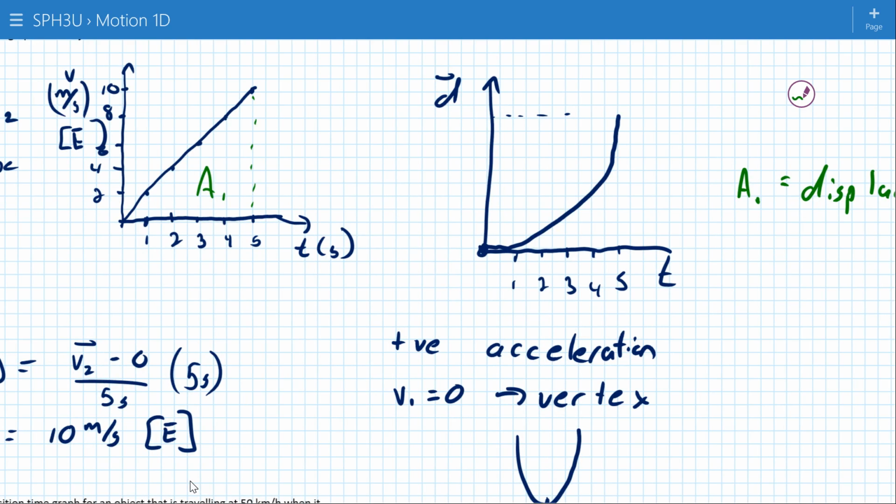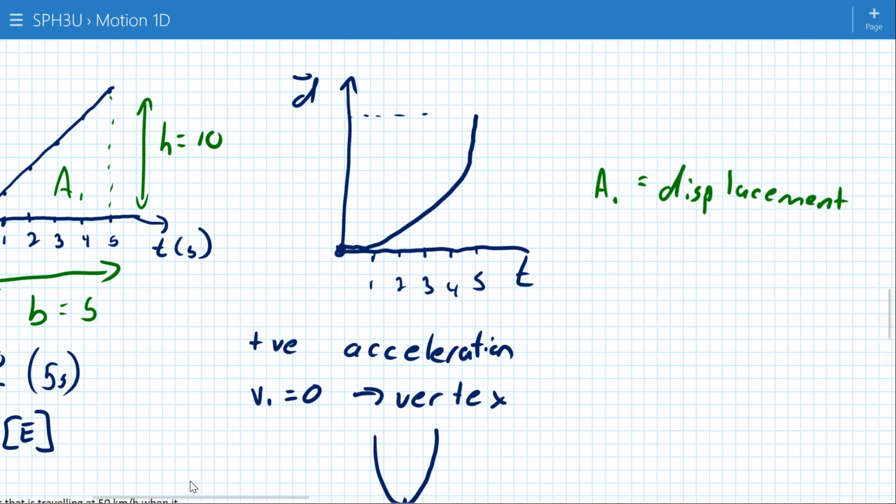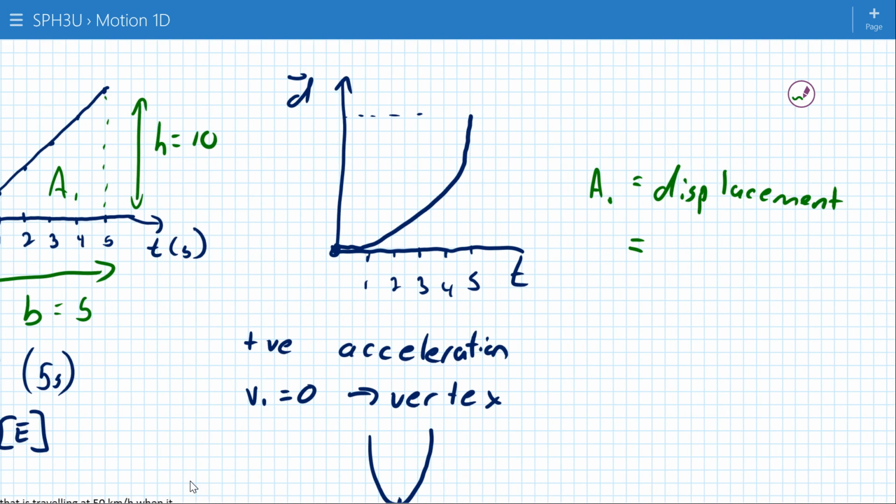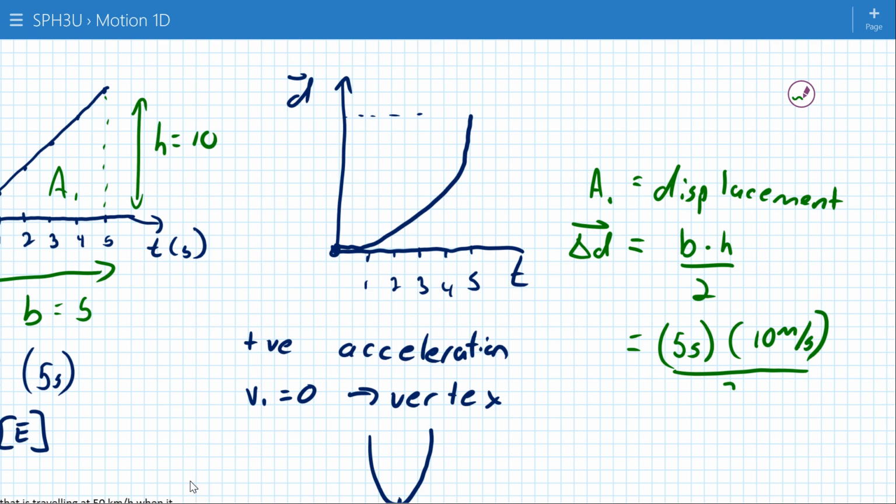In this case, we can imagine that triangle that has a base of 5 and a height of 10. And if we are going to use this trick, then we can say that delta d is equal to the base times the height divided by 2, which would be 5 seconds times a height of 10 meters per second divided by 2, which would give us 25 meters.